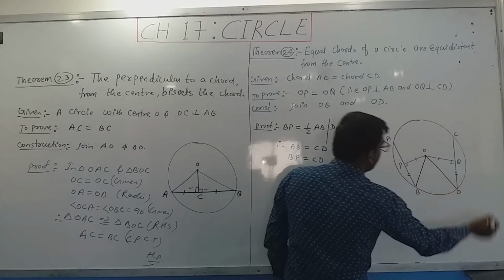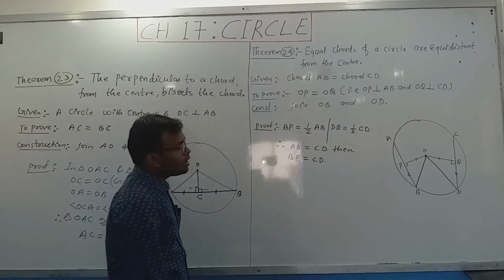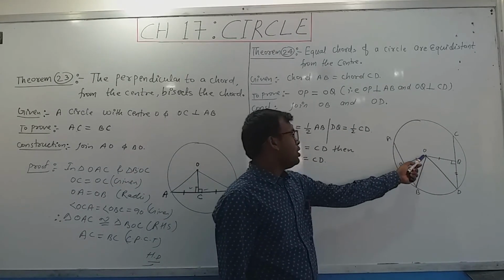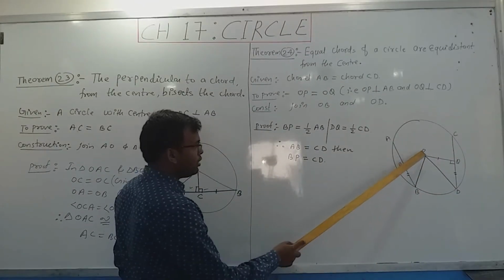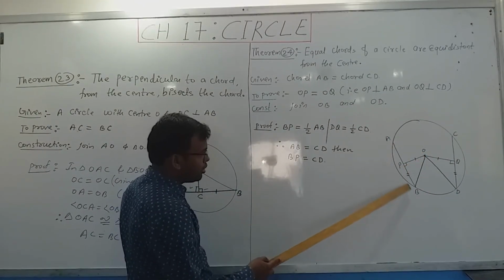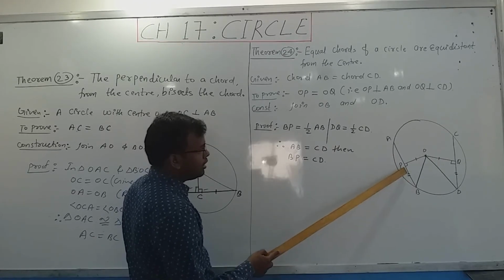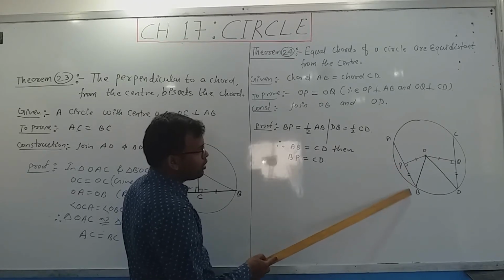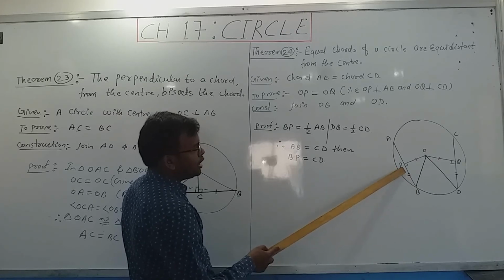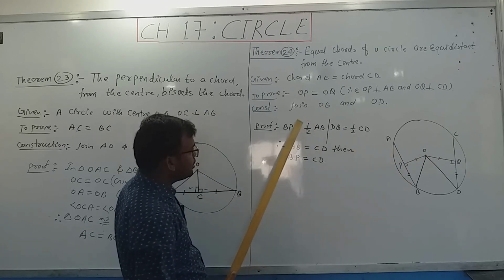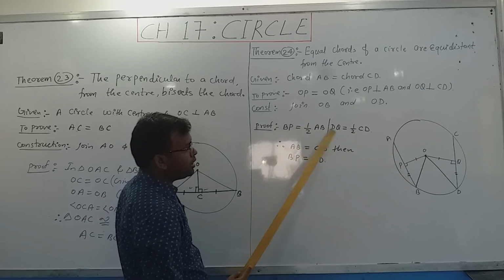and OD. Okay. We know that, see the proof part, if OP is perpendicular on AB, then P will be the midpoint of chord AB. Therefore, you can write BP equal to half of AB.